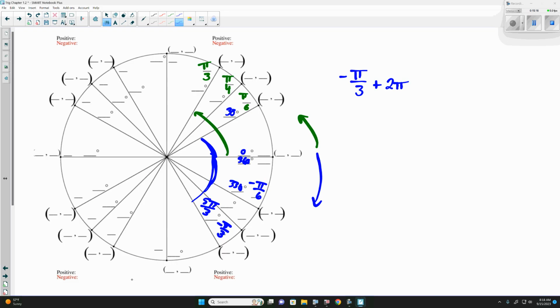So there's two ways we can go about it. We can look at the unit circle, and even though we don't have them written, we can think of it in a negative direction. Or we can find our coterminal angle to it that's within the unit circle between 0 and 360, or 0 and 2 pi, and use it.